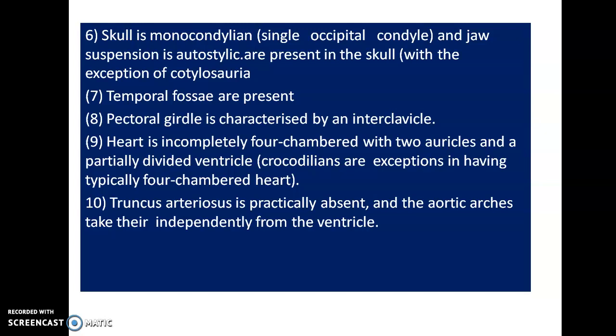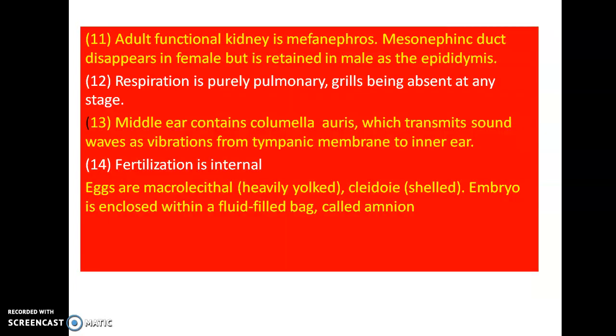Like us, they have a 4-chambered heart with 2 separate auricles and 2 separate ventricles. This condition is found in crocodiles. Then the truncus arteriosus, which we will discuss later, is practically absent here, and the aortic arches arise independently from the ventricle itself.